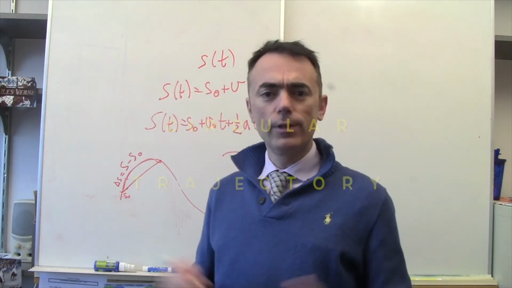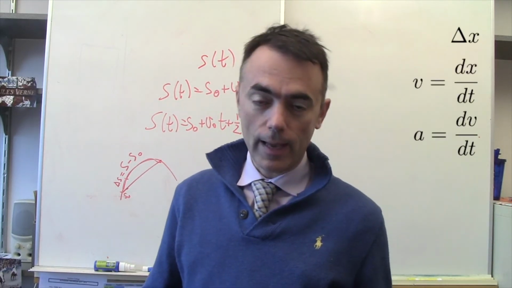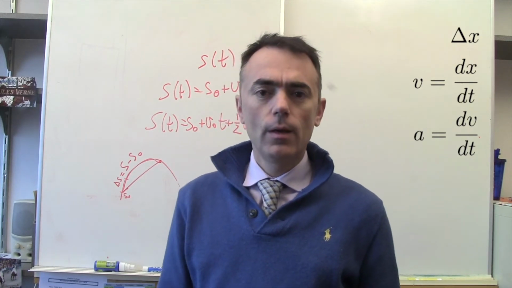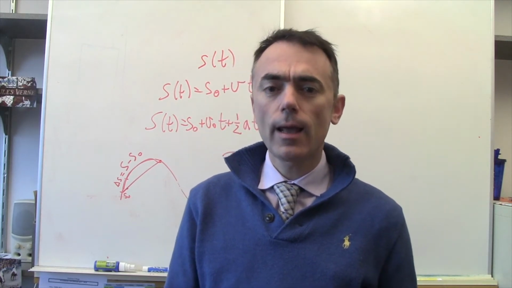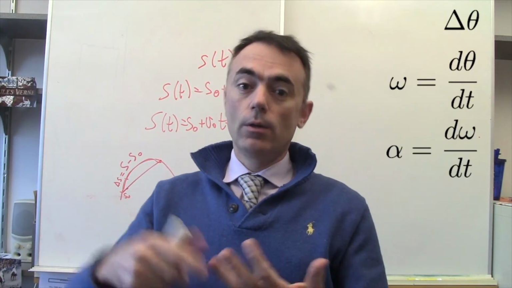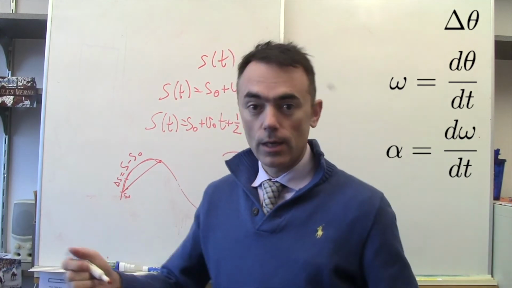In the study of linear motion, the important concepts are displacement, delta x, velocity v, and acceleration a. Each of these concepts has its analog in rotational motion: angular displacement, delta theta, angular velocity, and angular acceleration.